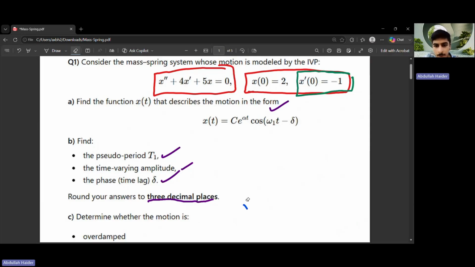All right. So how to know if there's no damping, underdamping, critically damping, or overdamping. You have 4 cases.